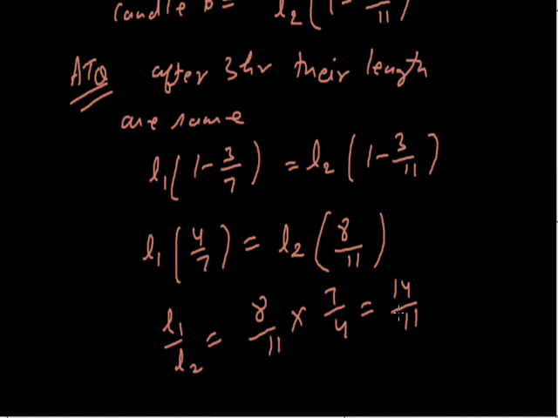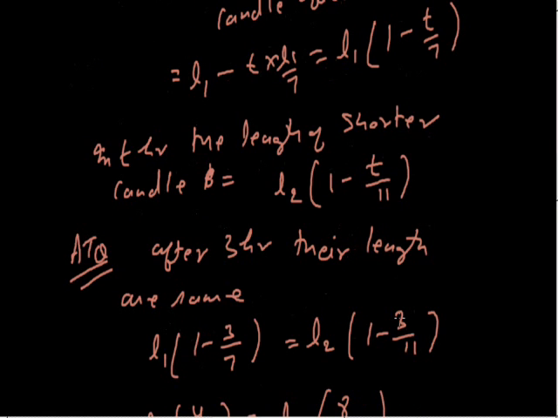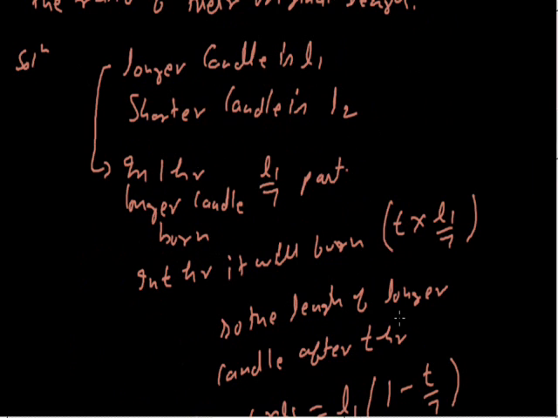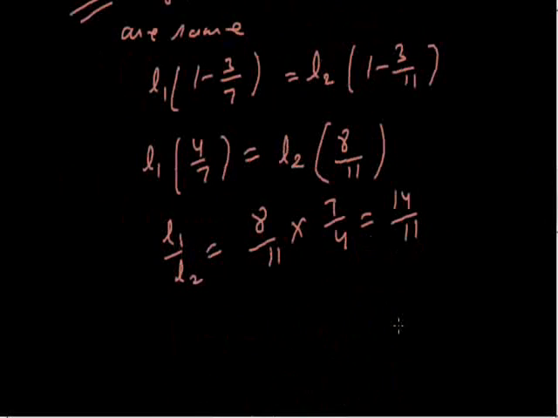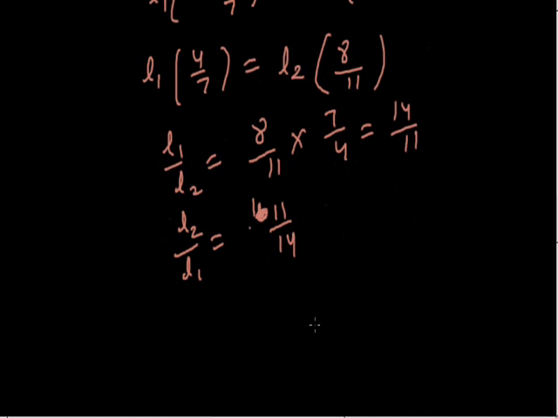The shorter has length L2 and the longer is L1. So the required ratio is L2 upon L1, 11 is to 14. So the ratio of the length should be 11 is to 14. So option 2 is correct.